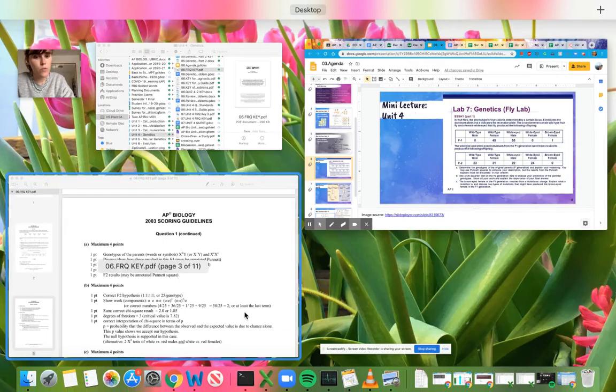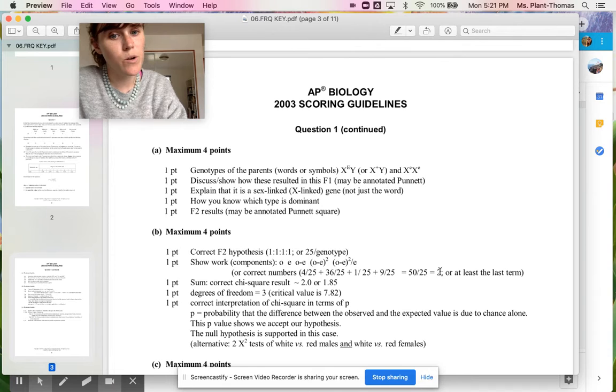Then you're going to work through and see that your chi-square value should be around 2. Then you compare that to the 3 degrees of freedom critical value, which is 7.82. And yes, we accept the null hypothesis. This means that yes, we did our Punnett square correctly, that it is in fact a 1-to-1-to-1-to-1 ratio.